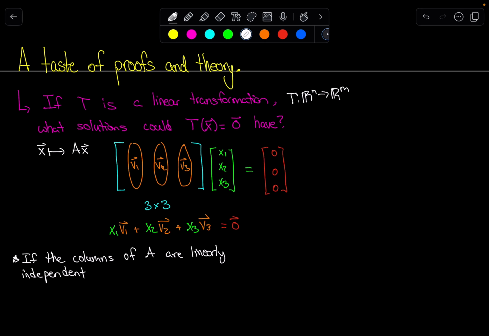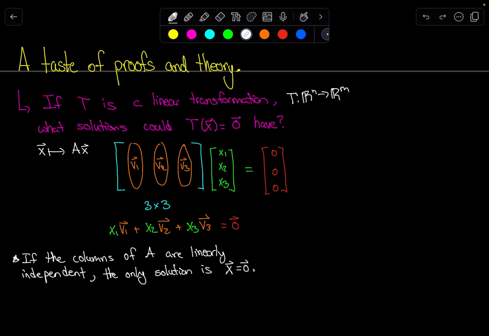The answer is no. If these are linearly independent, the only solution is that x itself is the 0 vector. That means x1, x2, and x3 are all 0, because by definition, if these are linearly independent, the only way we could combine them to get 0 is with all zero coefficients.